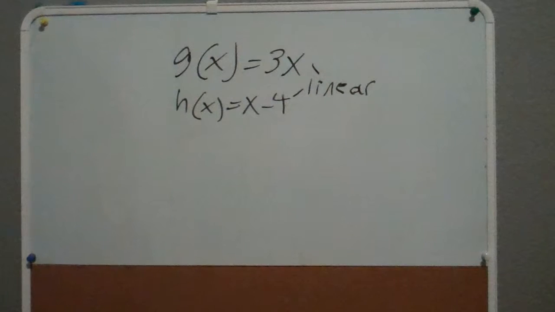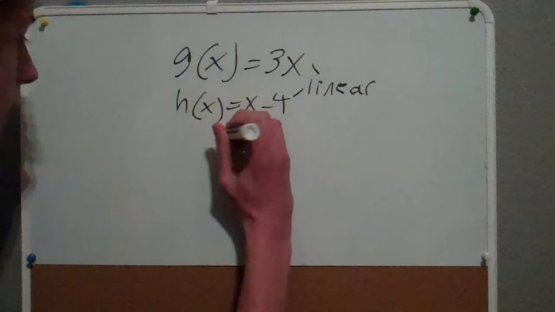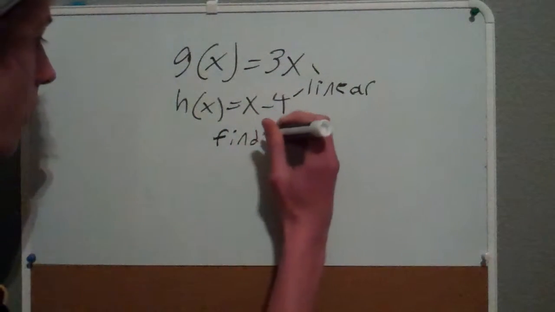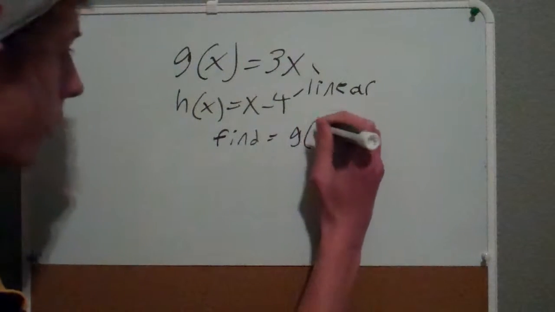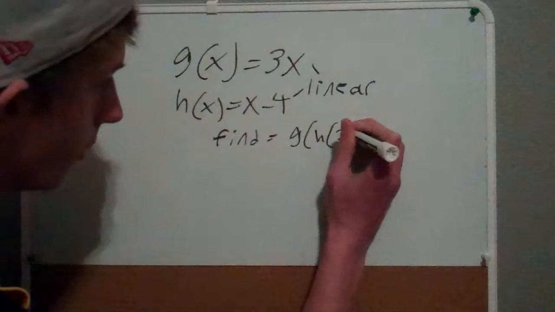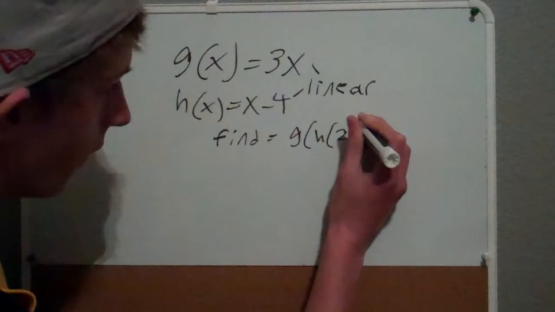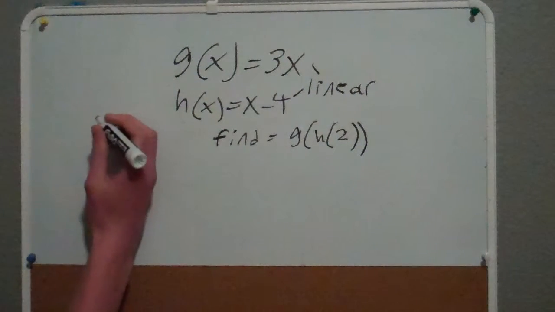Due to the fact that in this equation it has one variable, what we're going to do is try to find g of h, and your x is going to be equal to 2 in this equation. So let me do this right over here.